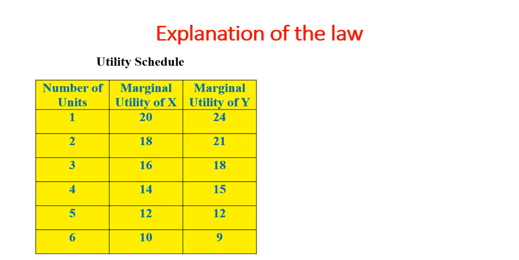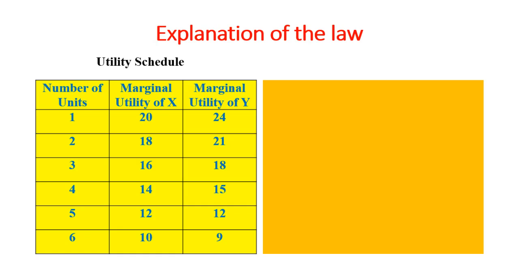Therefore, he will spend a maximum of 12 rupees on X commodity and 12 rupees on Y commodity. Then he will buy 6 quantities of X commodity and 4 quantities of Y commodity, where the marginal utility of the last rupee on each commodity is equal to the utility derived from both the commodities.